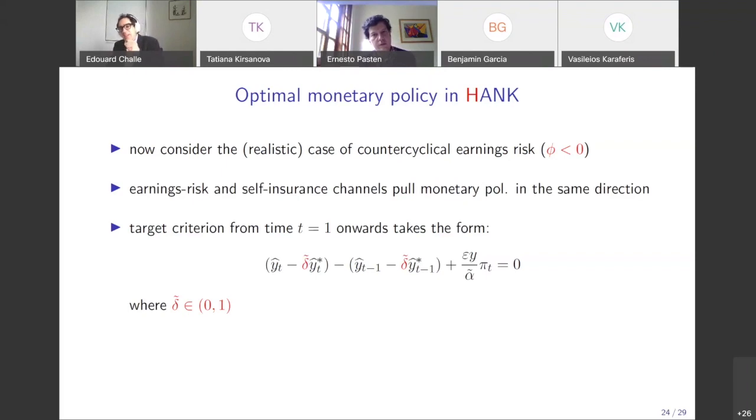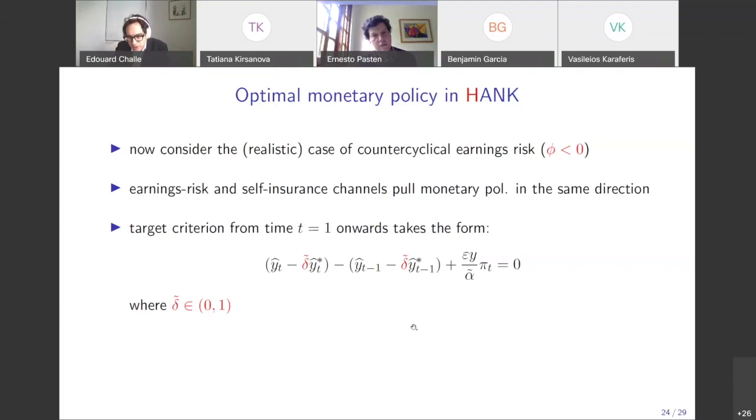In addition, you want lower policy rates because you want to improve self-insurance, you want to limit risk, you want to improve labor market conditions, and you want to improve credit market conditions. And all that pushes monetary policy in the same direction in a typical recession.